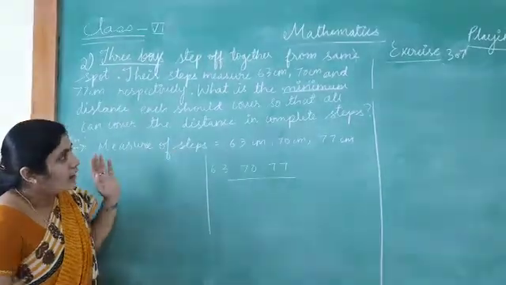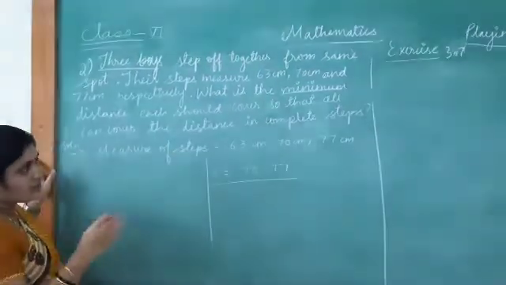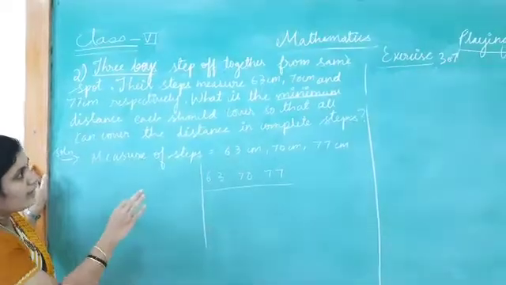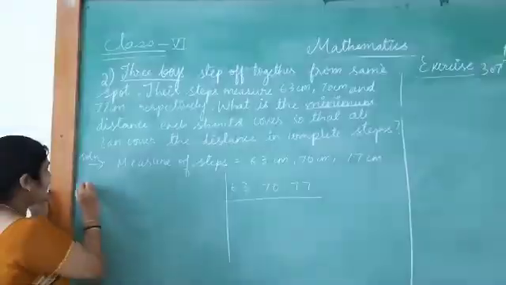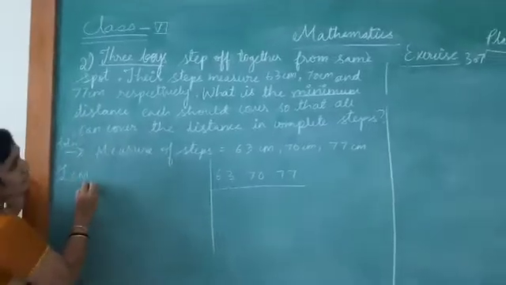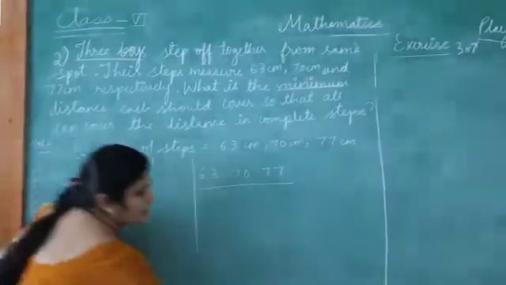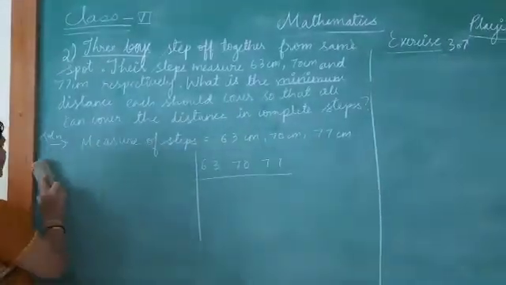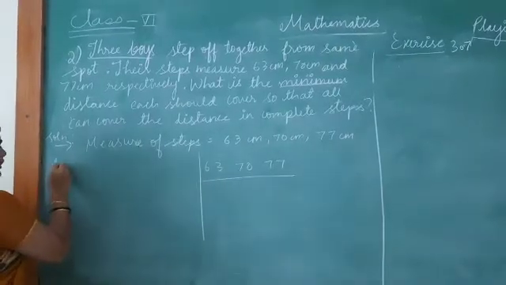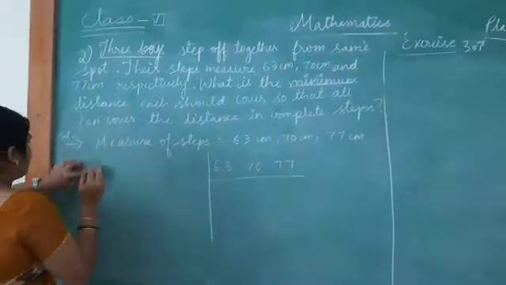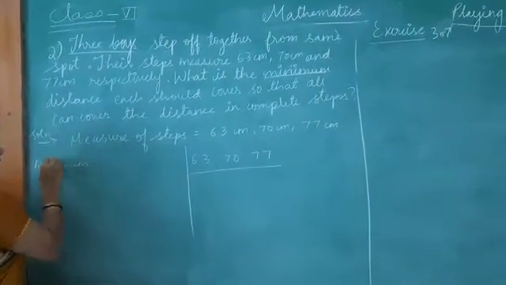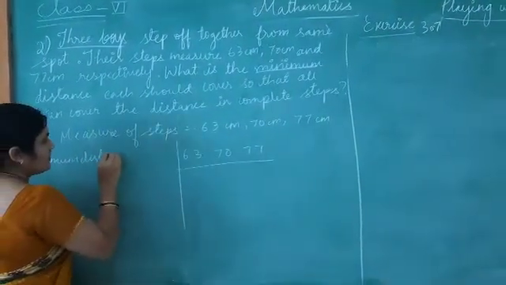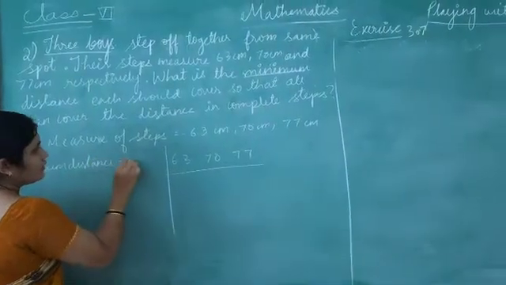That means after finishing some distance, the step should be completed, and that minimum distance we should find out. Let us find out the LCM, or you can say the minimum distance that we don't know. Minimum distance is equal to question mark because we don't know.